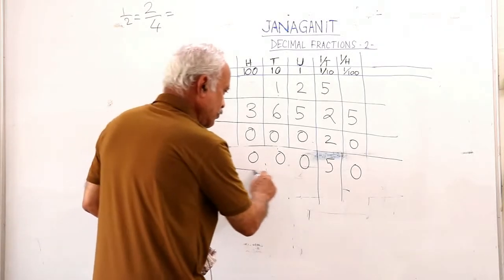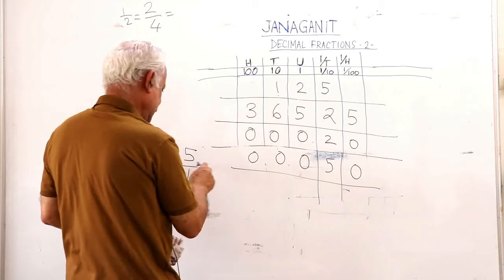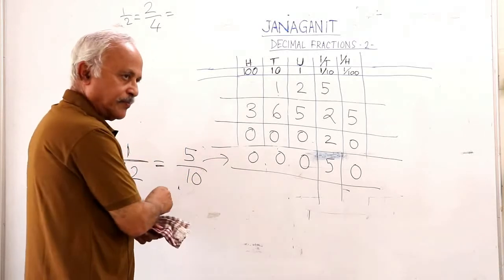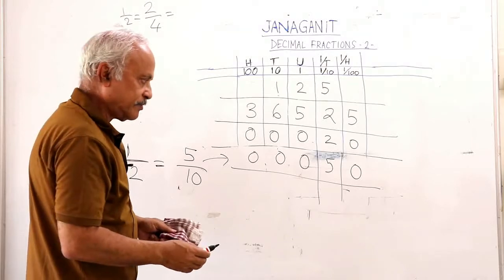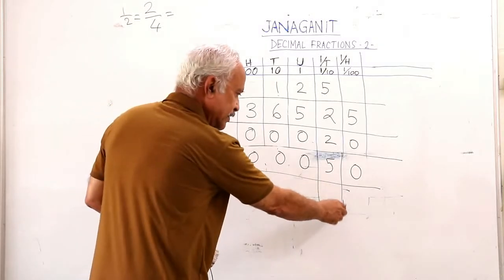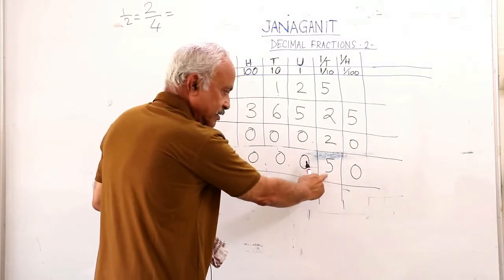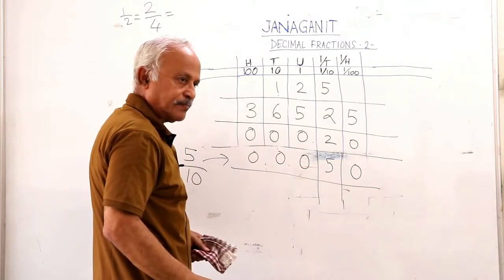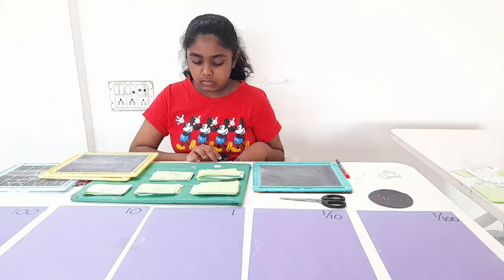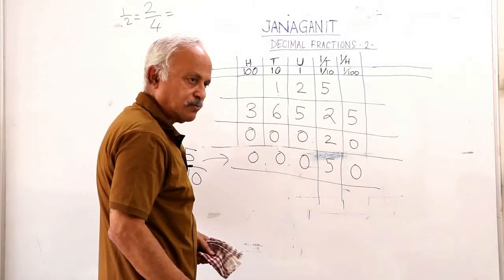So now I want to take, this is half. I want to take half of half. So these are 5 1 by 10s. Take half of that. Divide it into 2 equal parts.